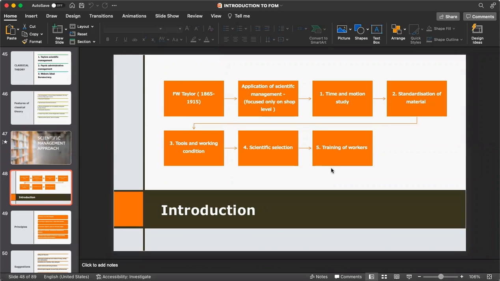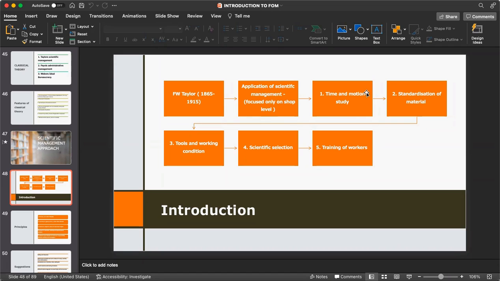Now, in this regard, we have to keep in mind that time and motion study will give you an idea about the movement of a particular person from one department or machinery to another machinery, and the time required to complete that particular task. That will be the major concern of time and motion study.